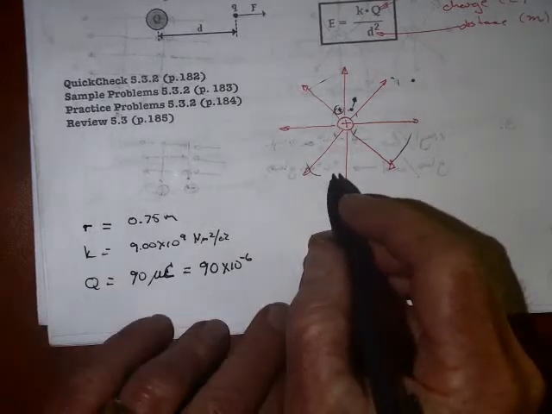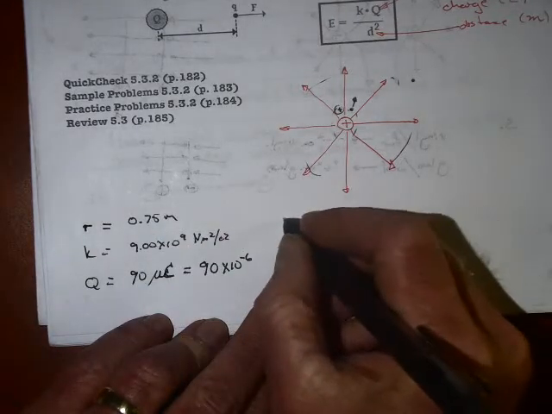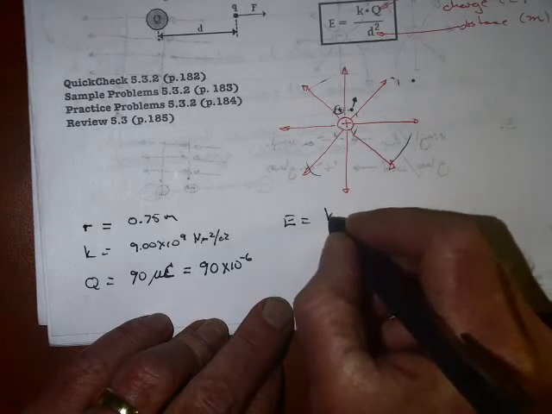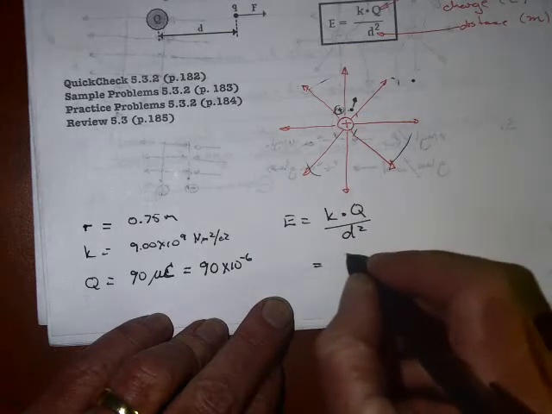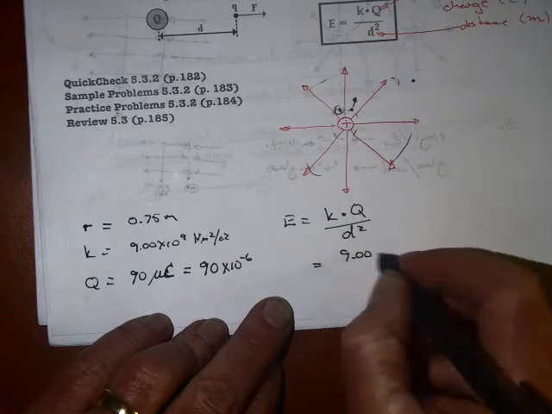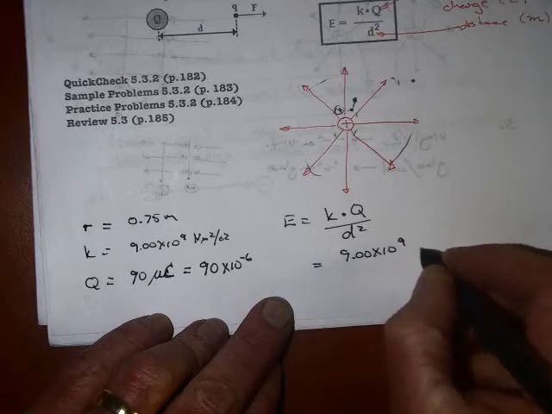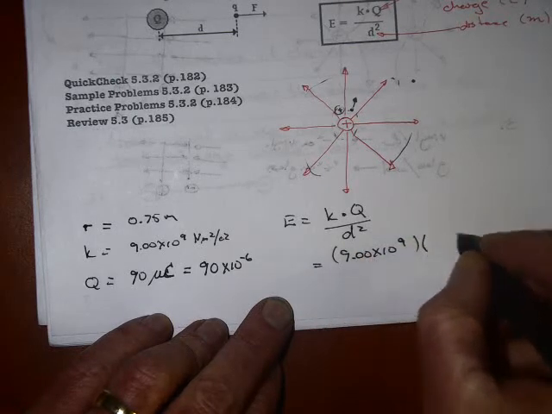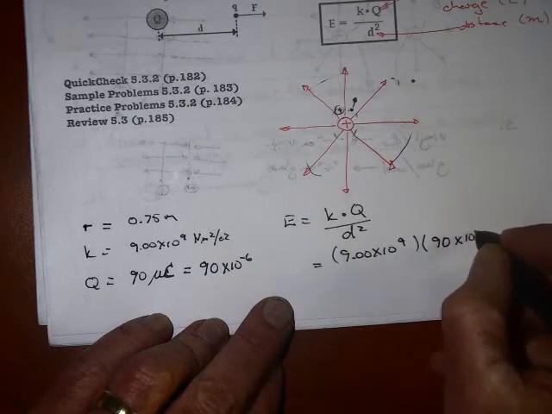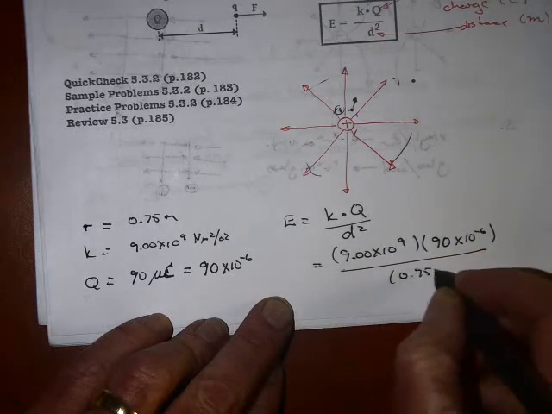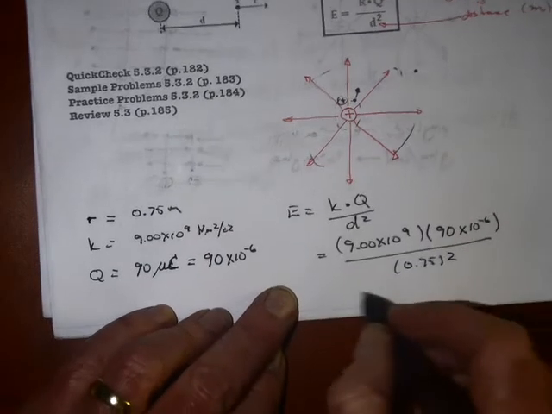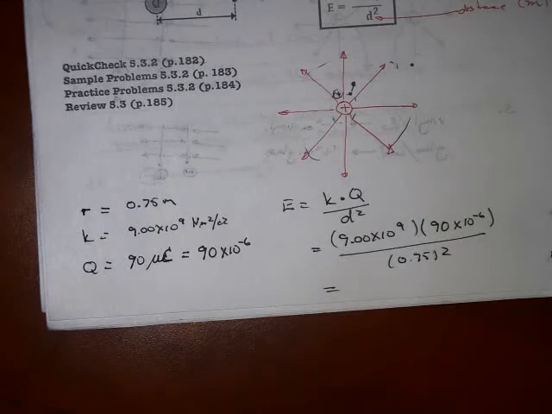So now all I want to do is take these values and plug them into my E equals KQ over d squared, and this becomes 9.00 times 10 to the 9th, I'm not going to bother putting in the units, times 90 times 10 to the negative 6, divided by 0.75 squared, and I don't know what that comes out to. You can run that through your calculator. So that's basically all we're doing with that.